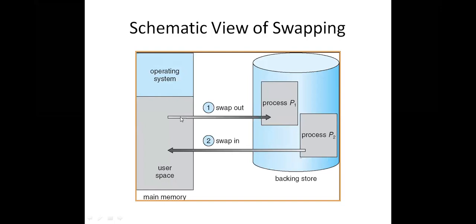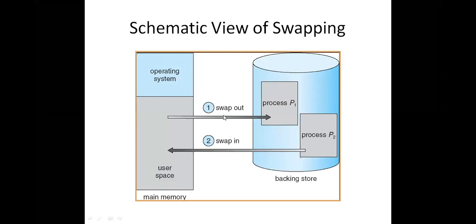So in the first step, what are we doing? We swap out process 1 from main memory to the backing store. Main memory to backing store means swap out. What is swap in? From secondary memory, the backing store, to main memory. That is called swap in.